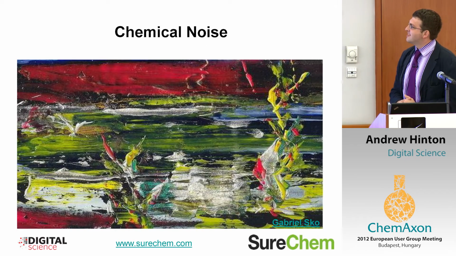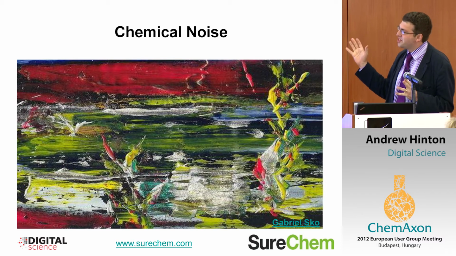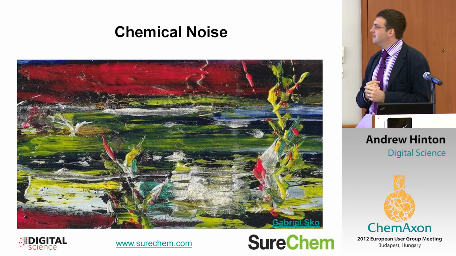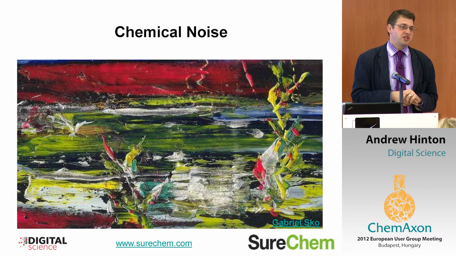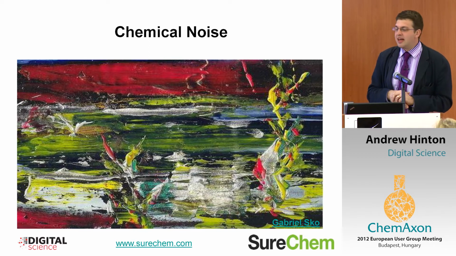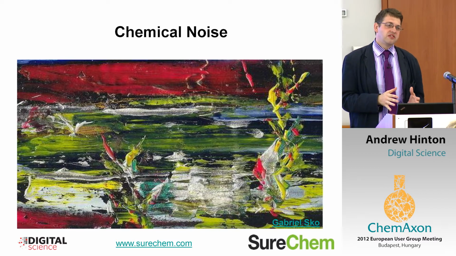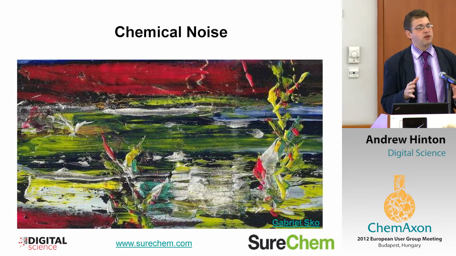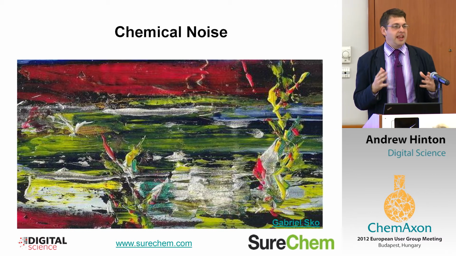So this is one young artist's visual interpretation of chemical noise, and we get a lot of chemical noise coming from the image-to-structure and name-to-structure process. We often hear from our users that chemical noise is a real problem, but they rarely define it to any full extent.